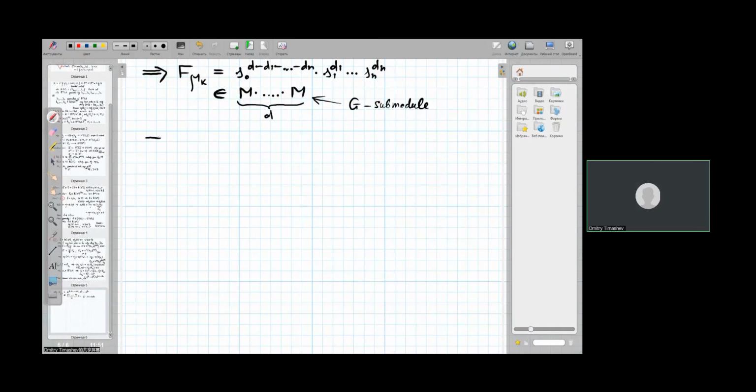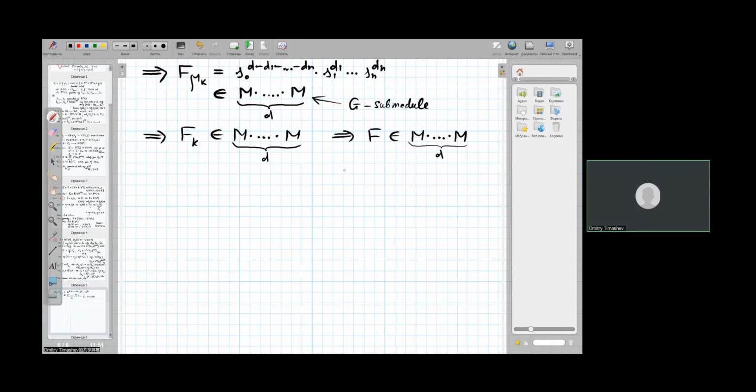So this implies that f sub k also belongs to the same G submodule, the d product of M. And this implies in turn that f itself belongs to this product module, because f is the sum of fk's.